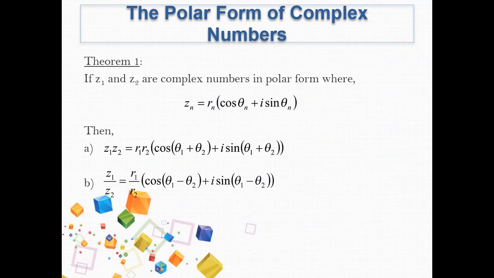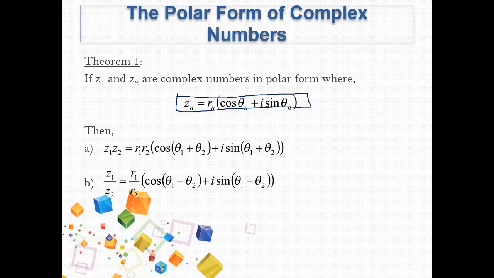Okay, this slide explains the operations involved with polar form. If you have two complex numbers in polar form, when you multiply them, it is equivalent to multiplying the first r with the second r.